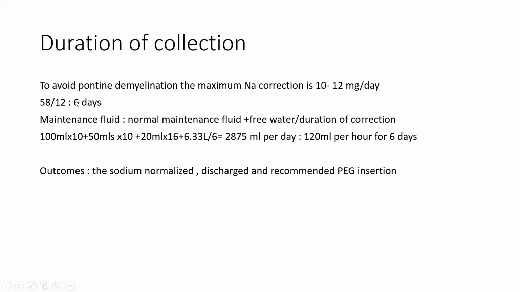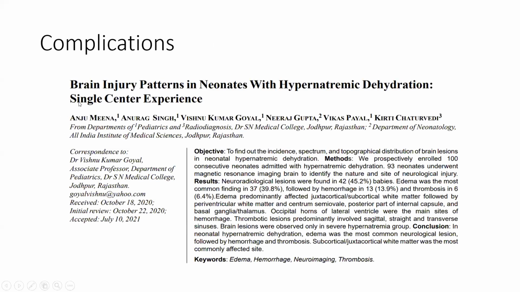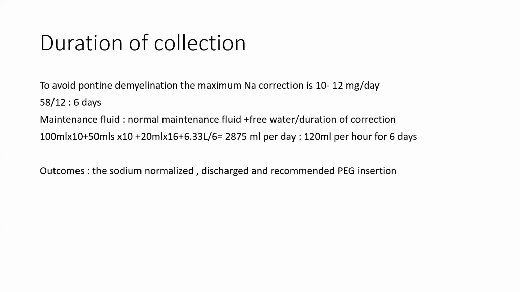I'm sorry, it will be 4 days and above, almost 5. If you use 10, it will be almost 6 days. So it means if you want to correct it very fast, we'll correct it in 5 days. If you want it slowly, we'll correct it in even 6 days.